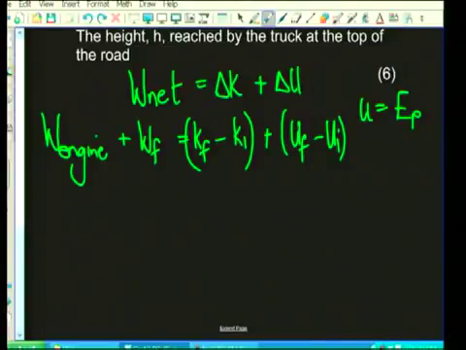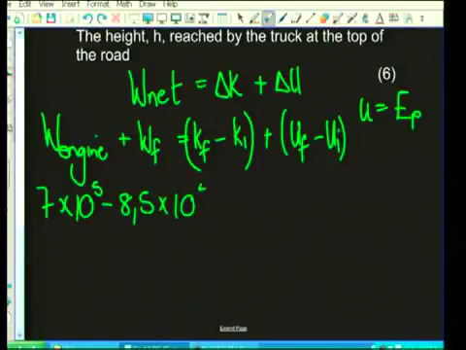My engine, we said, gave me 7 times 10 to the 5. Friction has to be in the opposite direction, so it's negative work, so it's 8.5 times 10 to the 4. Change in kinetic energy is 0 because the initial and the final are the same value. So velocity didn't change, and we can just write it as 0.